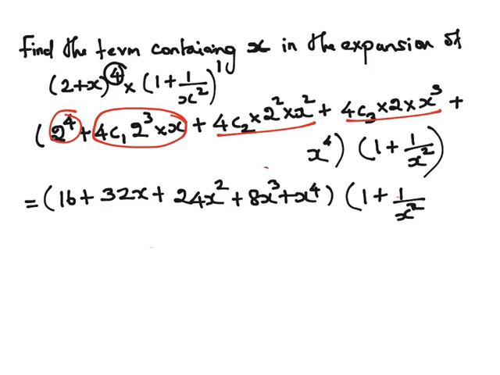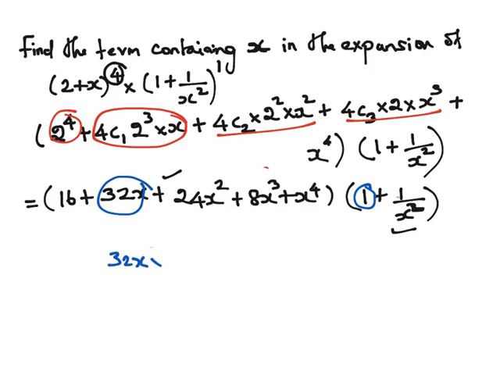Now you should check which two terms, for example from here and here, I should multiply to get an x term. So definitely, if you multiply 32x and 1, you will get an x term. So 32x into 1.